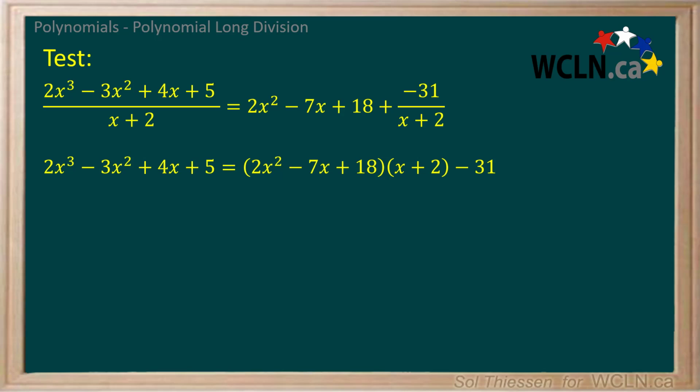To prove our quotient and remainder are correct, we will expand the brackets on the right-hand side of the equal sign and combine like terms to see if we end up with the same expression as we have on the left-hand side of the equal sign. 2x squared times x gives us 2x cubed.